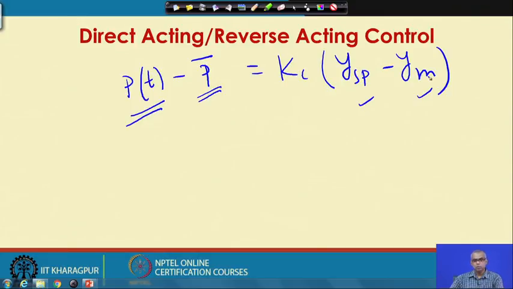That is the output the controller will be sending when the system is under control, that means set point is equal to measured value. So, this P is nothing but P bar then. Now, let us say we are talking about the case when the gain of the controller Kc is positive.